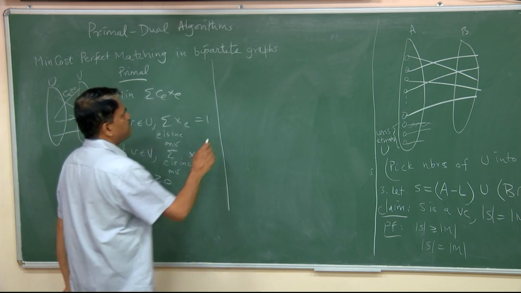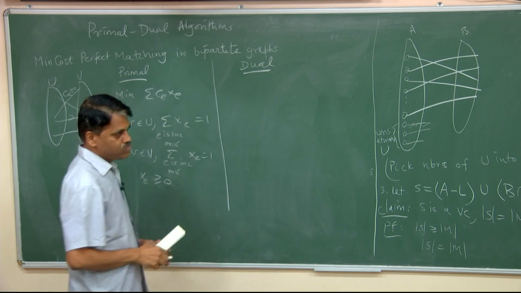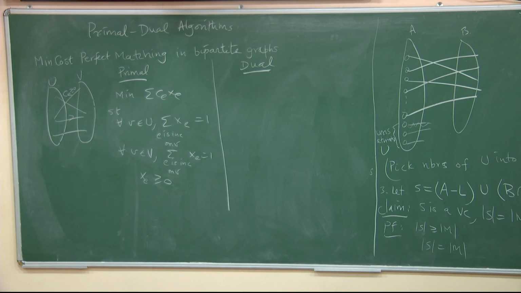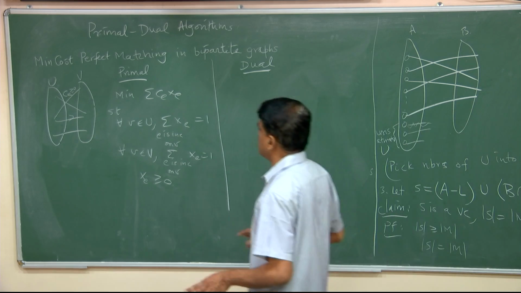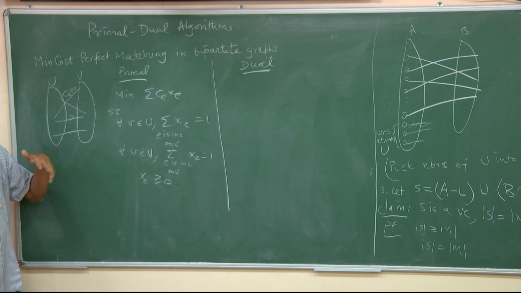What's my dual LP? A side remark: it turns out min cost perfect matching in general graphs can also be solved in polynomial time using LP.